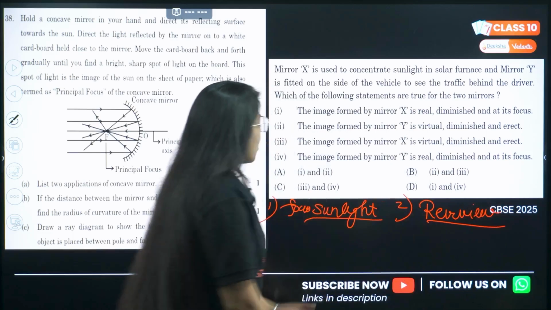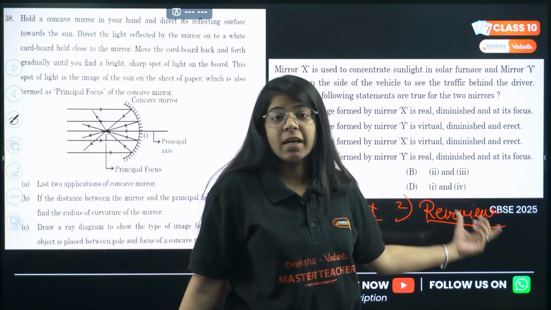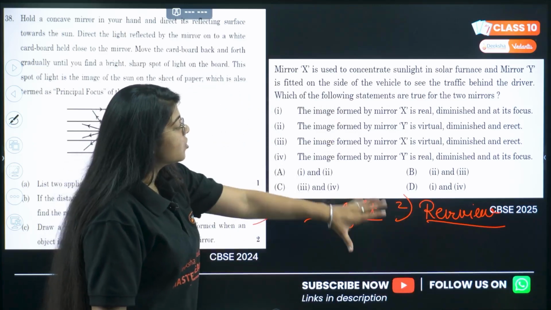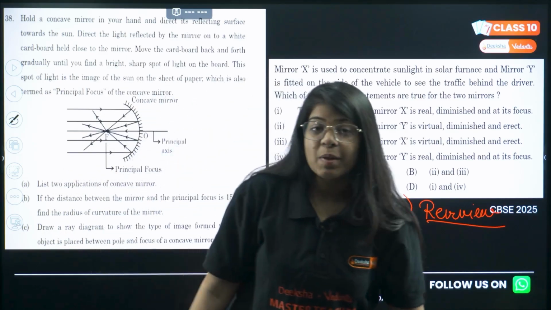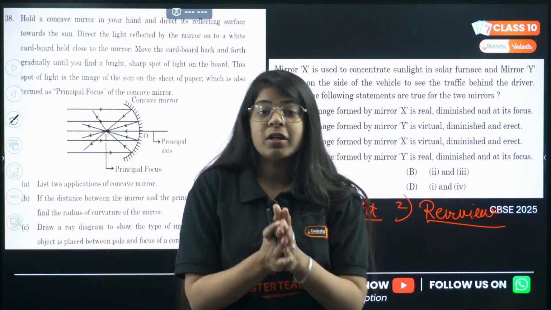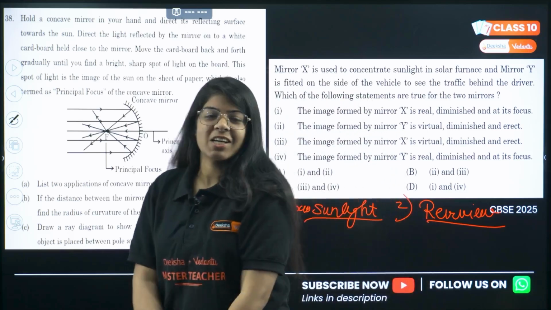Now tell me which mirror is used to focus sunlight and which mirror is used to see rear view images in our vehicles, and also tell me which kind of image is formed by which kind of mirror: real inverted or virtual erect, diminished or enlarged. That is your homework. Comment down your answers, I'll definitely check them out.